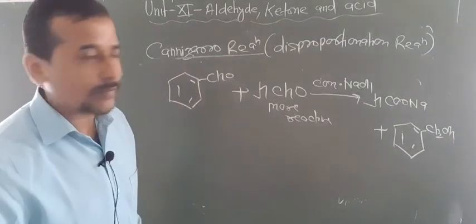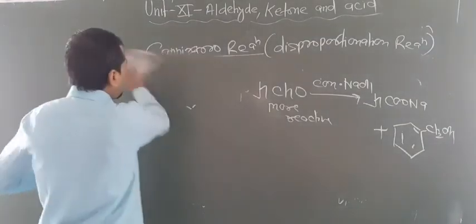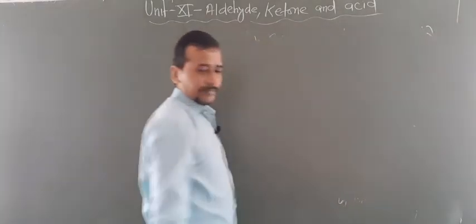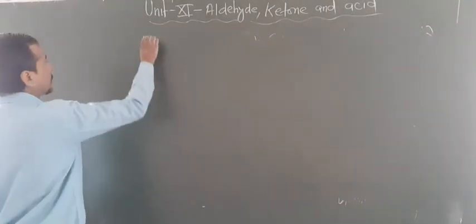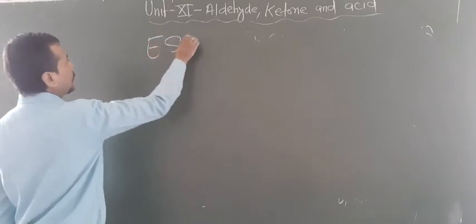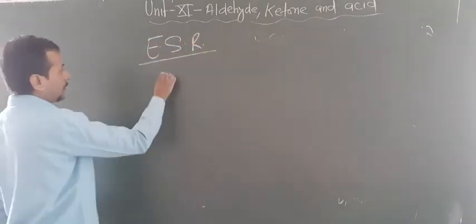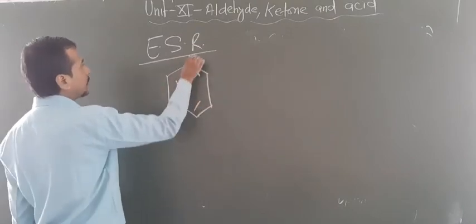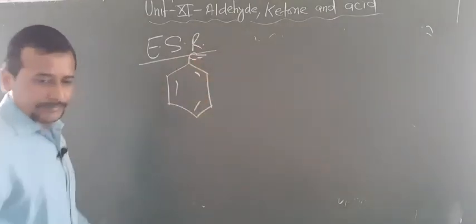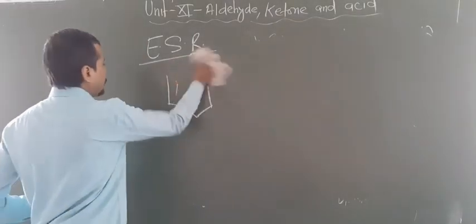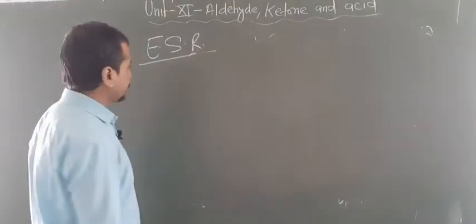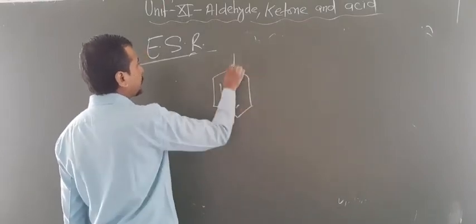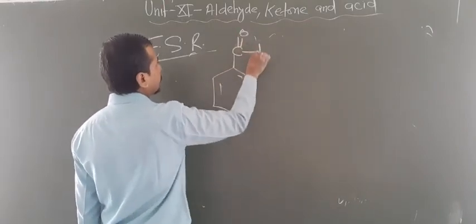At last you have to know about the electrophilic substitution reactions of aldehydes and ketones. This is basically a meta director. Look here how this happens. You have taken the CHO group, and how does this group withdraw electrons from the ring?